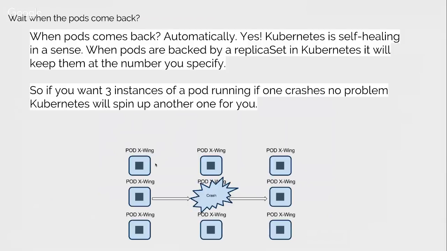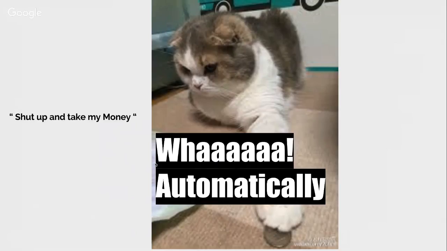So if you want 3 instances of this X-Wing pod running, and one of them happens to crash, Kubernetes will say, hey, this person said they wanted 3 X-Wing pods. Now there's only 2. Let me just spin up another one for you. And there you go, you're back to 3. And you're like, whoa, this is crazy.